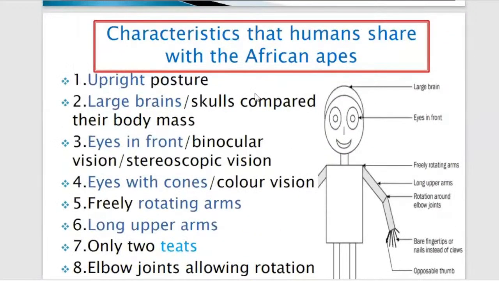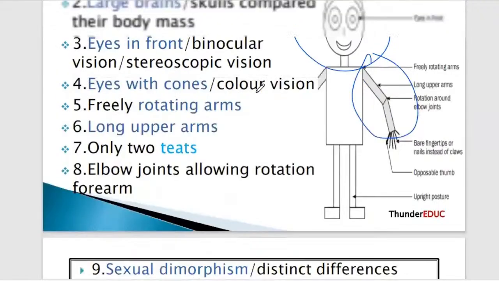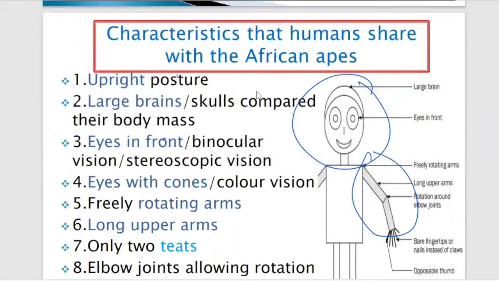At least, guys, you know these characteristics, but don't forget that sometimes we concentrate only on the head, only the forelimb, the characteristics there. So you have to know these things you have on your body. When they ask you about the hand, look at your hand, and then you start describing.